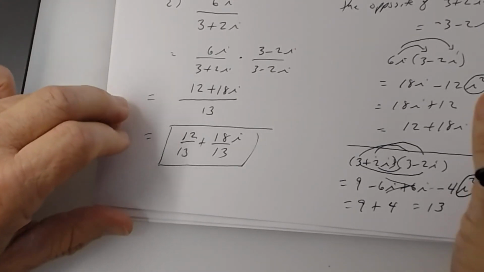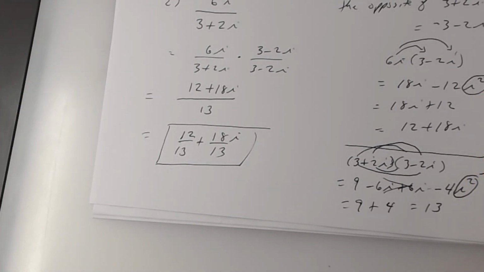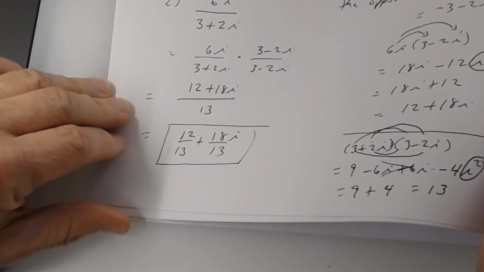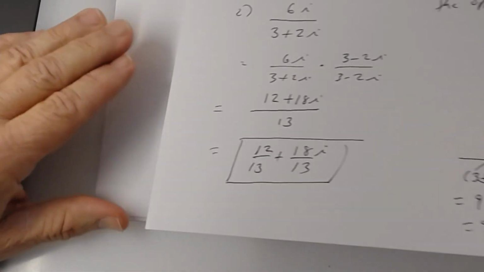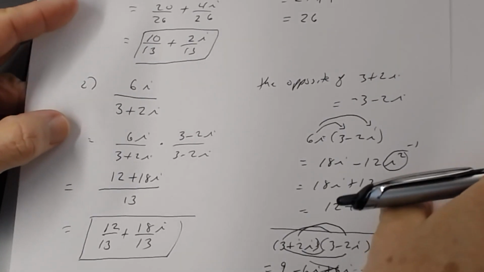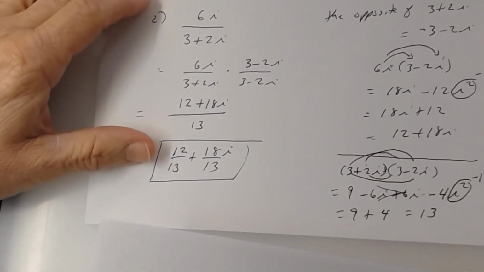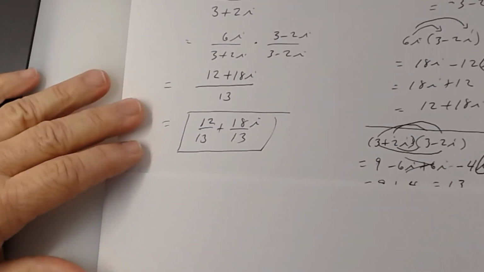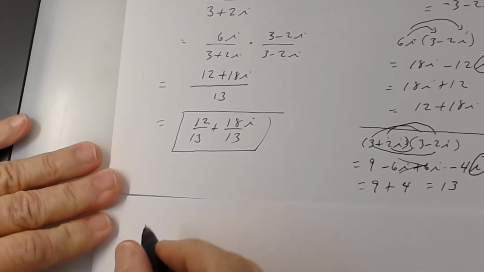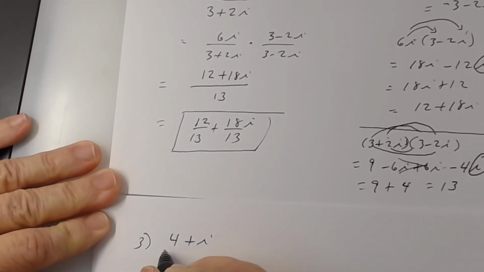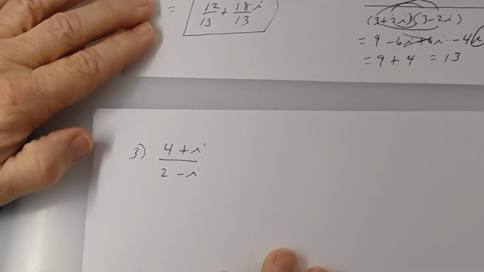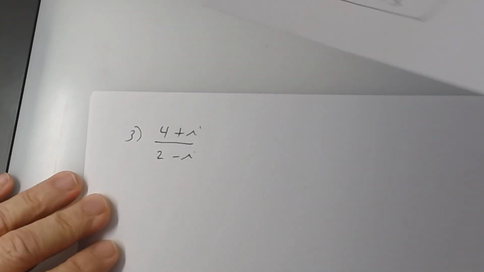Okay. Let's look at this one. Number 3. Suppose we had 4 plus i divided by 2 minus i.